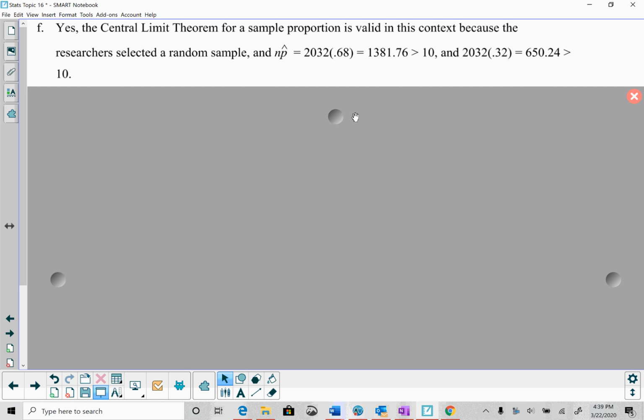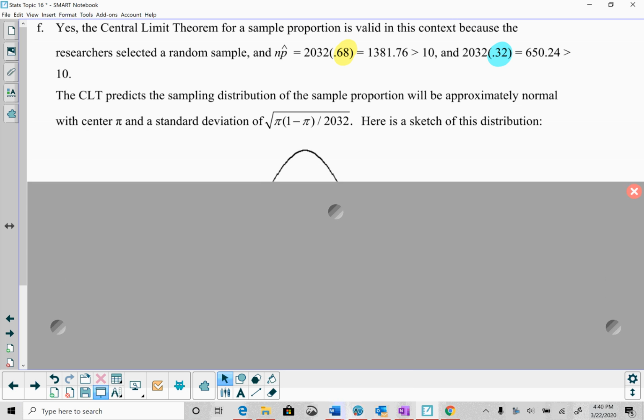But then remember also we need to take the complementary proportion. So again, this is the number they give us. Then we've got to take 1 minus that to find the complementary proportion. And even that, although it's smaller, is still going to give us a product that's much bigger than 10. We're good to go with our central limit theorem.